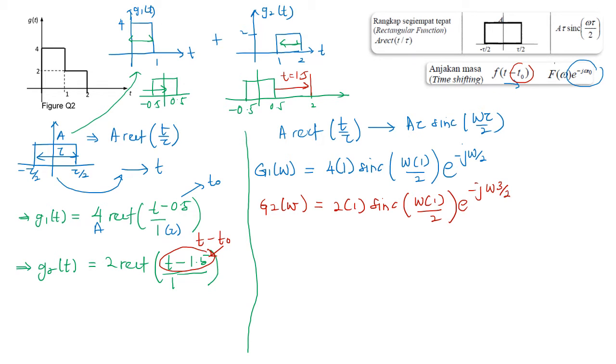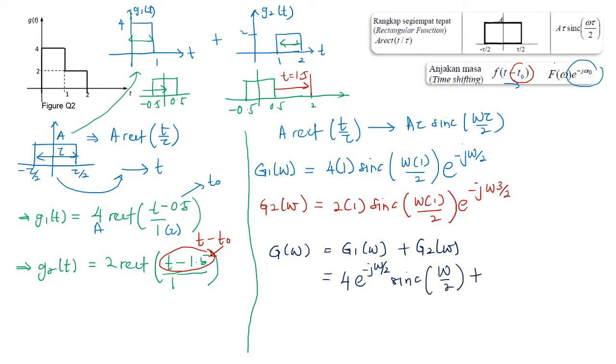So the final equation: G(omega) equals G1(omega) plus G2(omega), which is 4 e^(-j omega over 2) sinc(omega over 2) plus 2 e^(-j omega 3 over 2) sinc(omega over 2). So this is your G(omega).